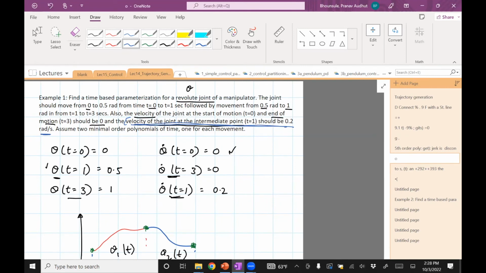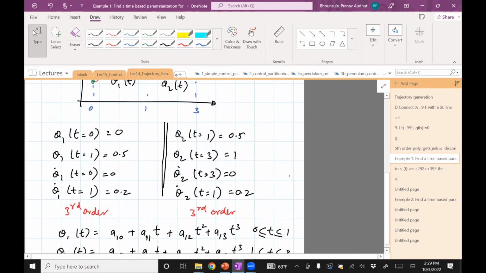Okay, so here I've said the velocity at the intermediate point equals 1 equals the velocity at the second one. So write it down as theta1 dot at 1 should be equal to theta2 dot at 1 should be equal to 0.2. Okay, and that showed up here.